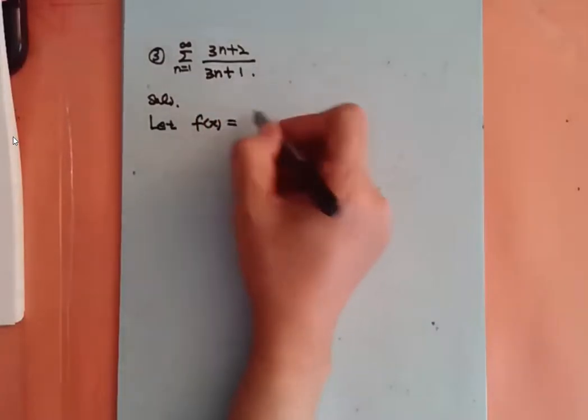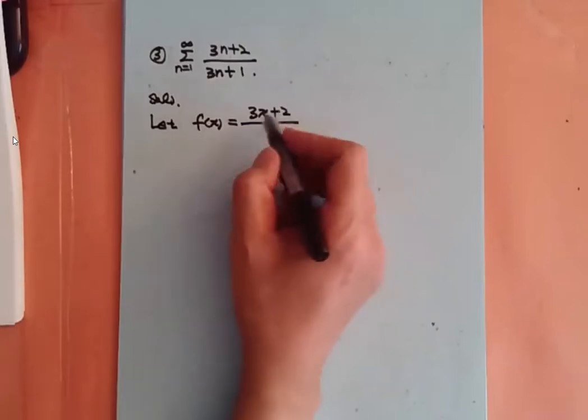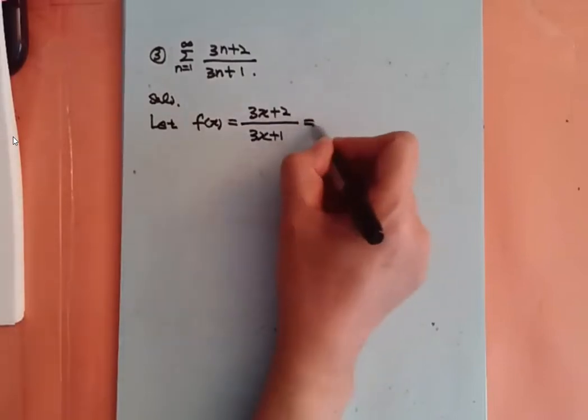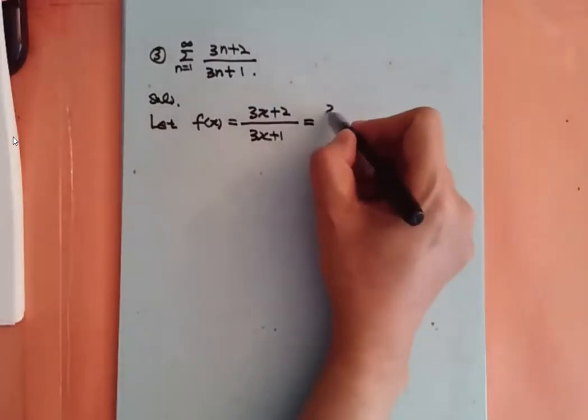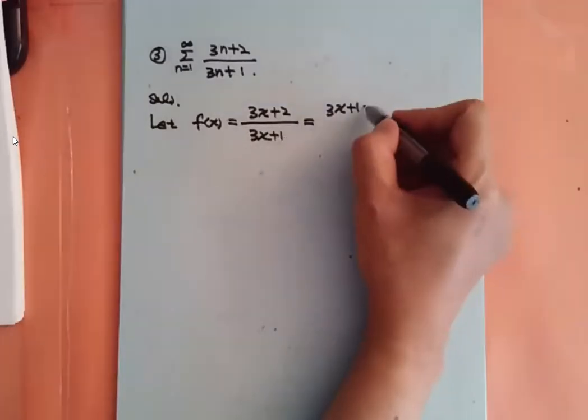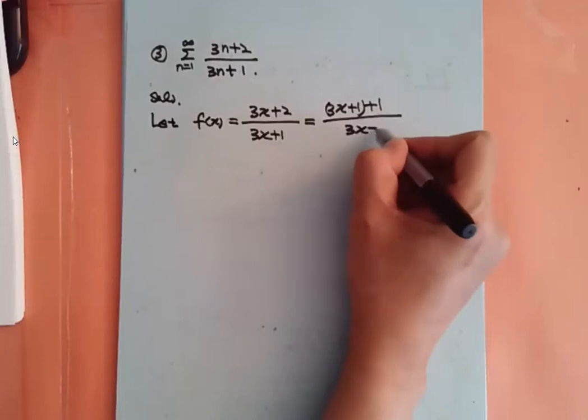So we think about the function 3x plus 2 over 3x plus 1. And then we convert that into 3x plus 1, which is the same as the denominator, plus 1, over 3x plus 1.